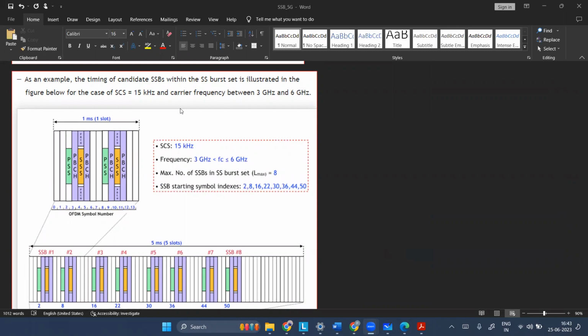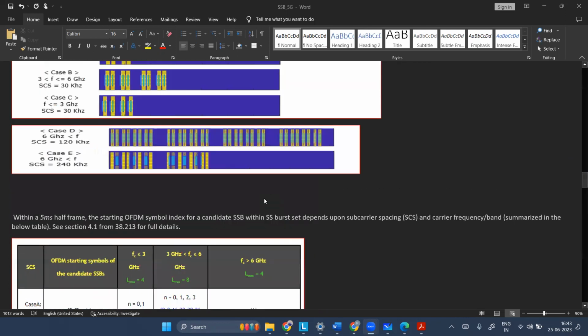So 10 slots are there. As we know, an SS block contains 4 OFDM symbols, right? This is showing the frequency between 3 to 6 gigahertz, basically FR1, and the maximum number of SSBs possible is 8, SCS 15.